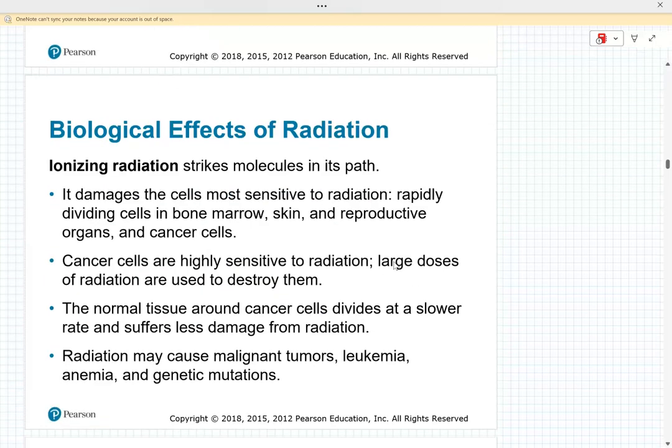Radiation damages DNA a lot, which means rapidly dividing cells are affected. People exposed to radiation form lesions on the skin because skin fails to regenerate.